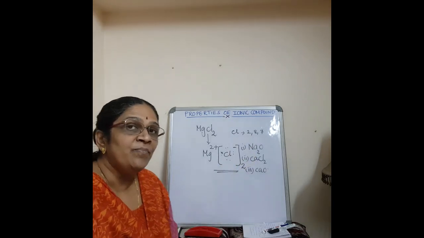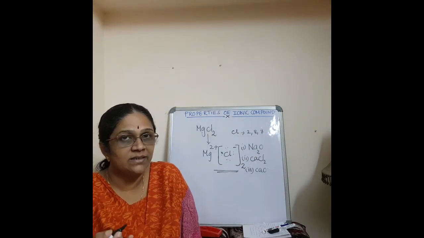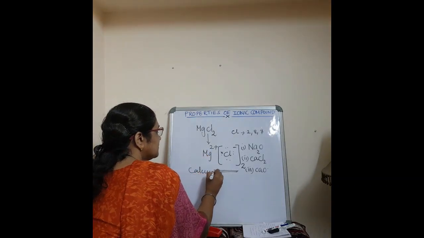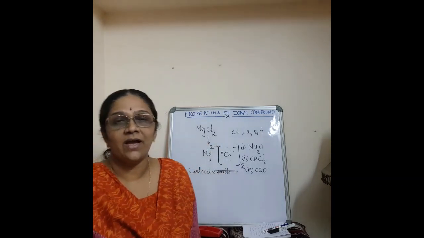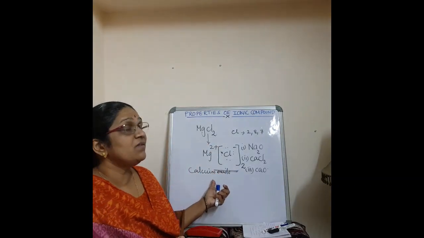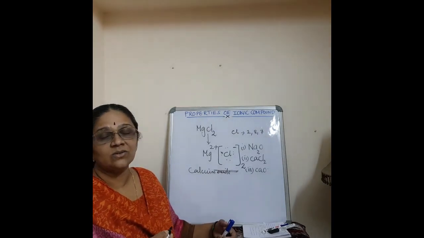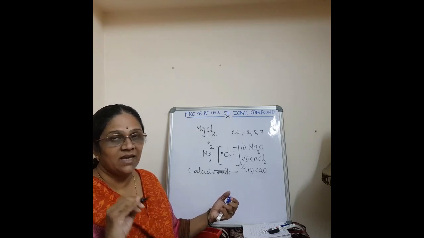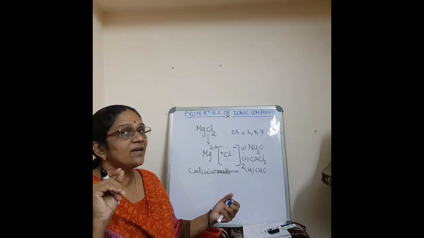Now for example, if the question is asked not by giving the formula but in words like calcium oxide: draw the formation of the ionic compound calcium oxide. They are not giving you the formula, only the word. So then what will you do? You have to convert it into the formula. There you have to apply the valency and get the correct formula.